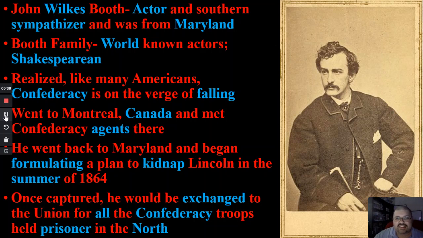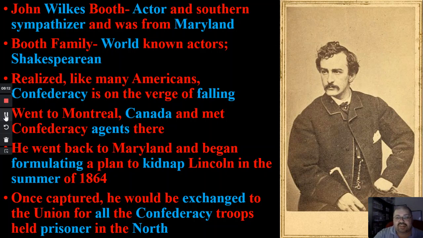Now, the plan is this: once he kidnaps Lincoln, he's going to exchange him for all the Confederate prisoners of war. Now, you have to remember, if you remember from a couple lessons before, when the 54th Massachusetts, the all black regiment, started to be trained, the South said, if we catch any black soldiers, we're going to put them into slavery.